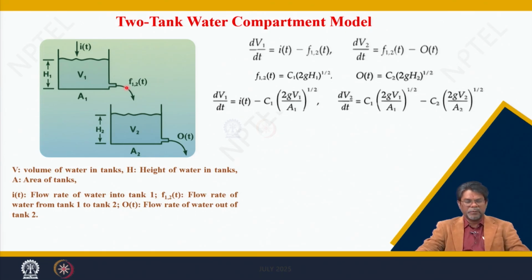Similarly, F1 to 2 is the inflow of water to tank 2, where V2 is the volume of water in tank 2, A2 is the area of tank 2, and H2 is the height of the water in tank 2, which depends upon the volume. OT is the outflow of water from tank 2.